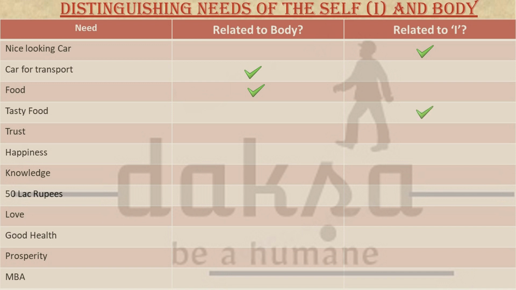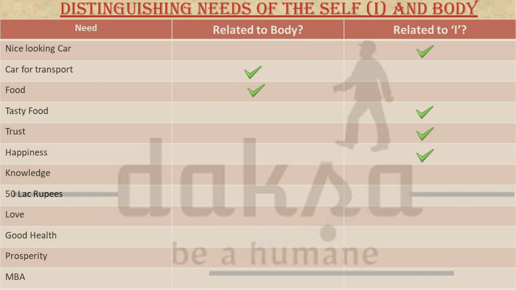Because taste is related to I. Yes, one more thing: nourishing food can also be tasty. Trust, obviously Vishwas, is related to I. Why so? Because it can be expressed through the body. Happiness is also related to I, but we can try via bodily sensation.